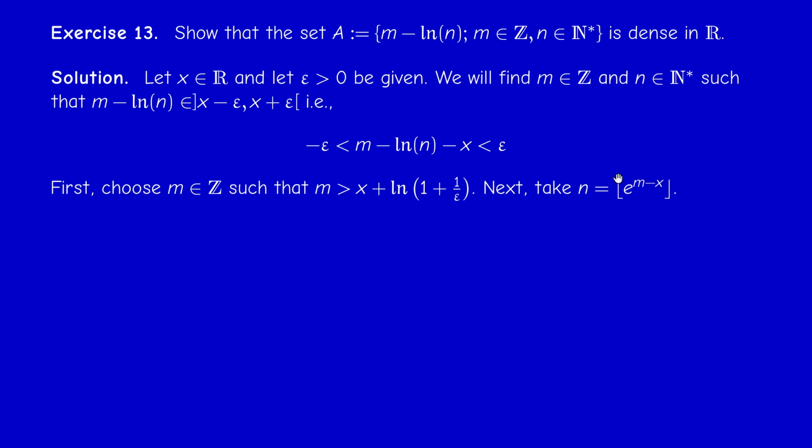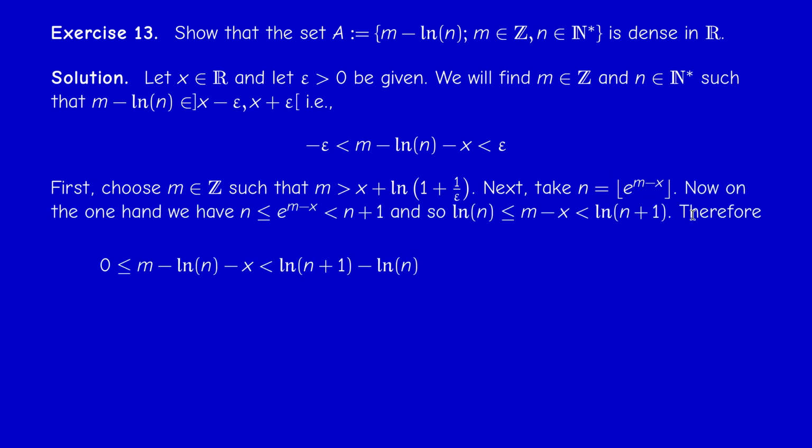If we take n to be the floor function of e to the m minus x, then by definition of the floor function, the exponential of m minus x is between n and n plus 1. And so when I take the logarithm, because the logarithm is strictly increasing, I get ln n is less than or equal to m minus x, and this is less than ln of n plus 1.